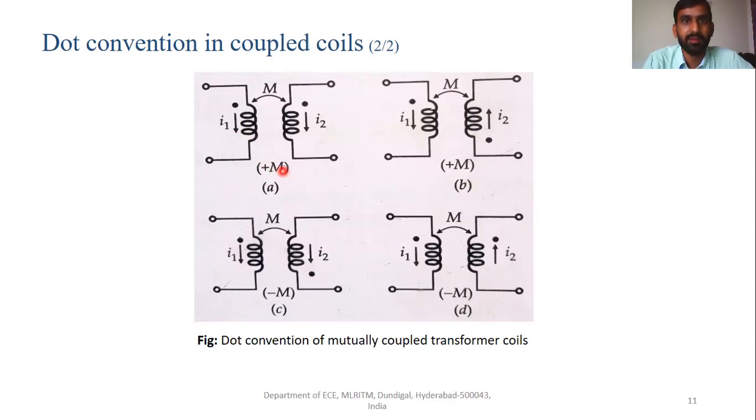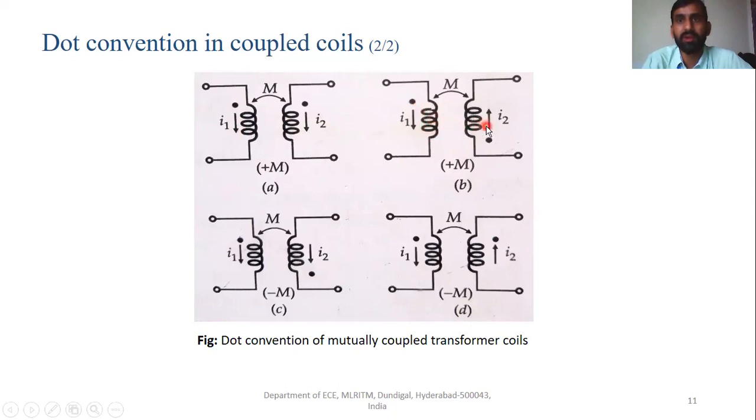Is it clear? So that means both the coils are wound in the same manner, so the magnetic flux associated with both the coils is not acting opposite to each other. So let us consider the second case here. In the left side of the coil, the current is leaving the dot.